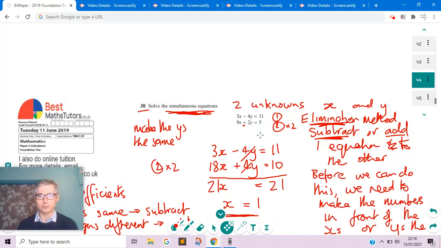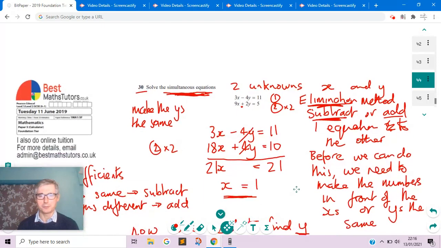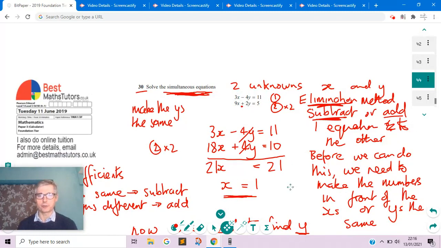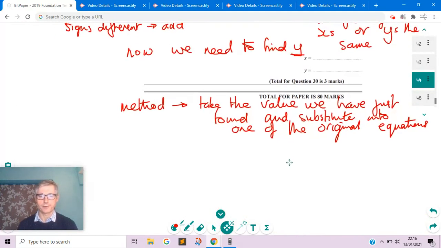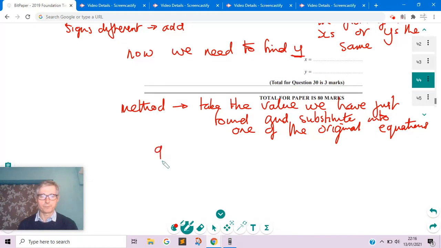I'm going to use the second one because it's got no minuses in it, but you could have used either one. So 9x plus 2y equals 5.